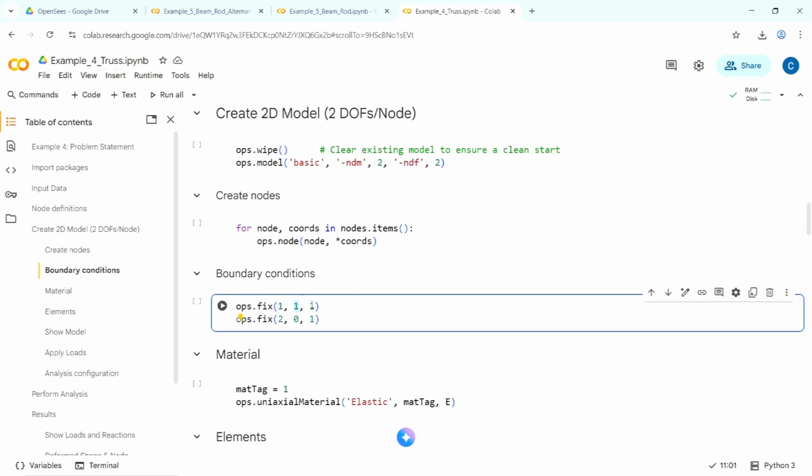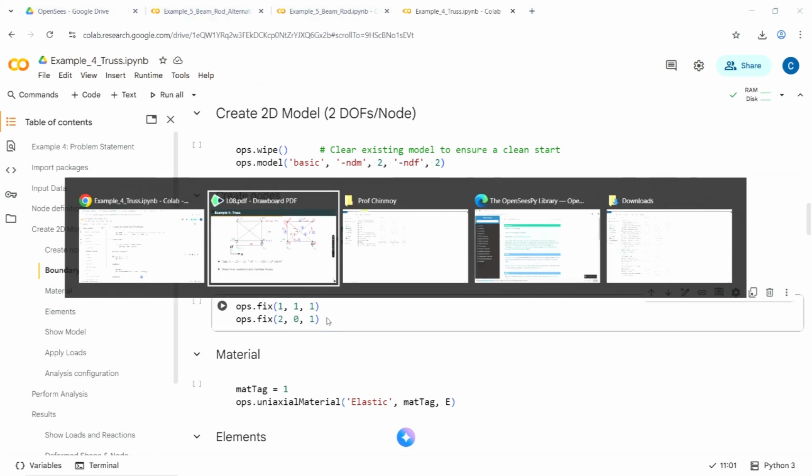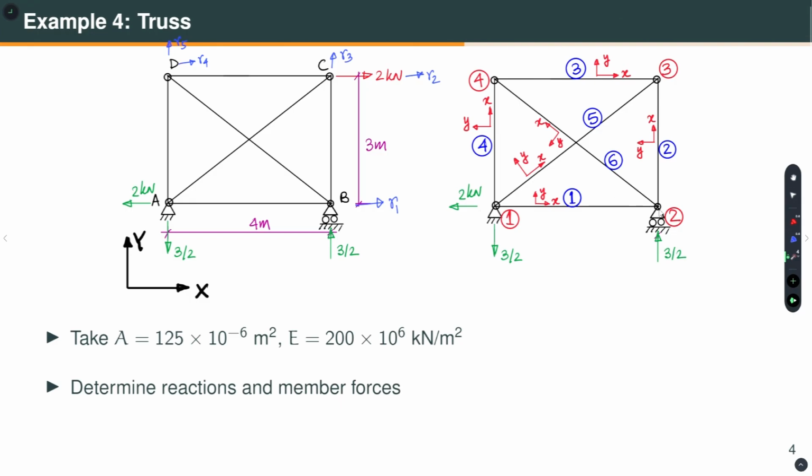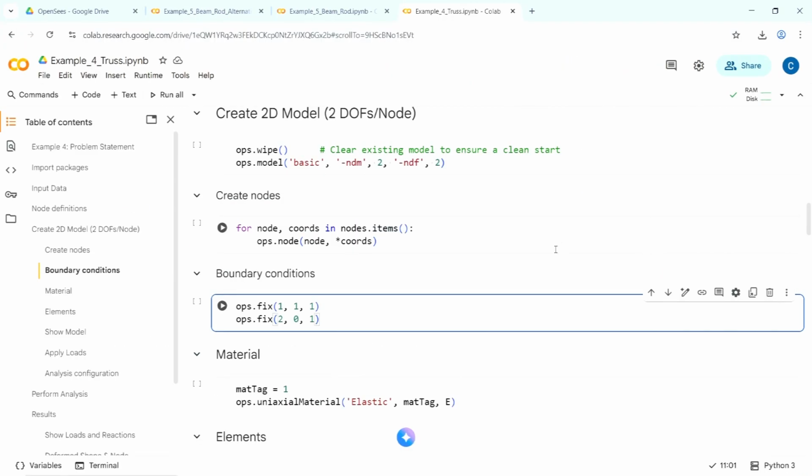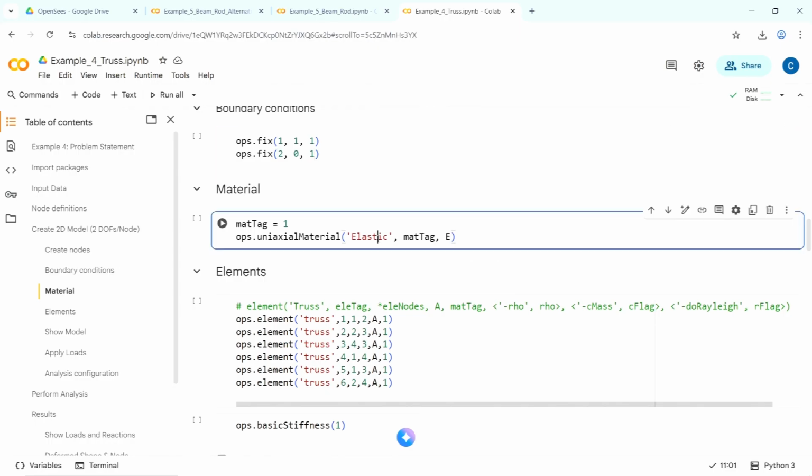Translation along x, translation along y at node 1. So, it is a pin joint. At node 2, translation along x is 0, means unrestrained, it is free to move, and translation along y is restrained. So, this is pin, this is roller, and this is exactly what we wanted. This is pin and this is roller. Okay. Then, for the truss element, you need a uniaxial material.